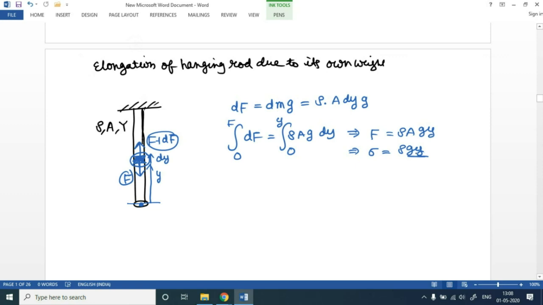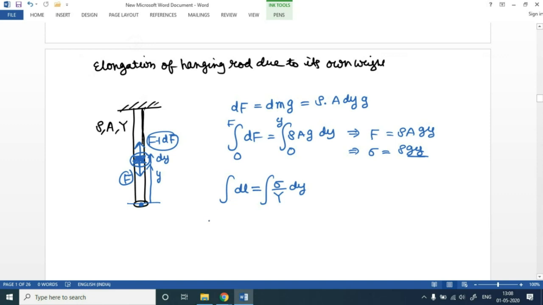Once sigma is known to you, it is very easy for us to find out the elongation in this element. Elongation in this element, let's say, is dl, and that would be equal to sigma by Y times the length of this element, which is nothing but dy. We can integrate both sides to get the total elongation.